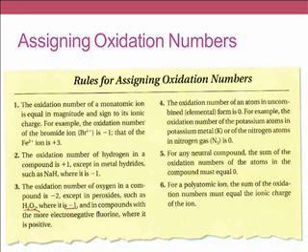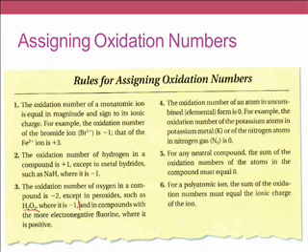In a peroxide, it will be minus 1. And if it's in a compound with the more electronegative fluorine, then it has to be positive, because fluorine is going to pull on that electron much more than oxygen. So the oxygen will be positive. Otherwise, we can give oxygen a minus 2.